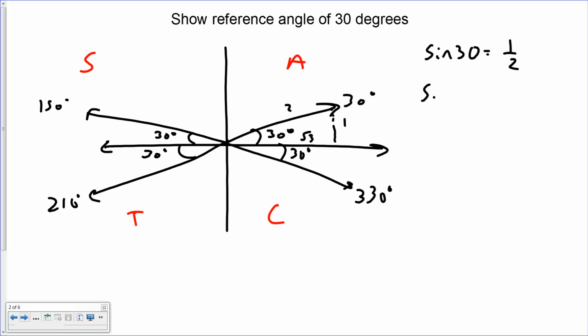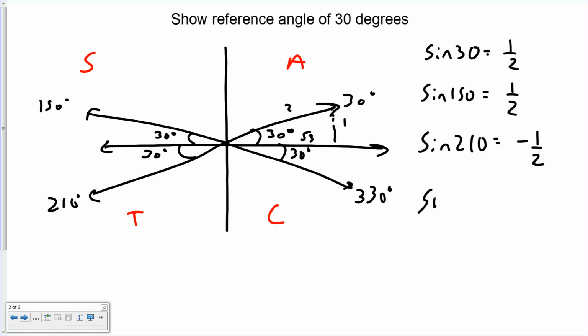But if I go to the sine of 150, taking the same idea, sine is still positive, therefore that's going to be 1/2. The sine of 210, drawing in that triangle, which we've done before, is going to equal negative 1/2.